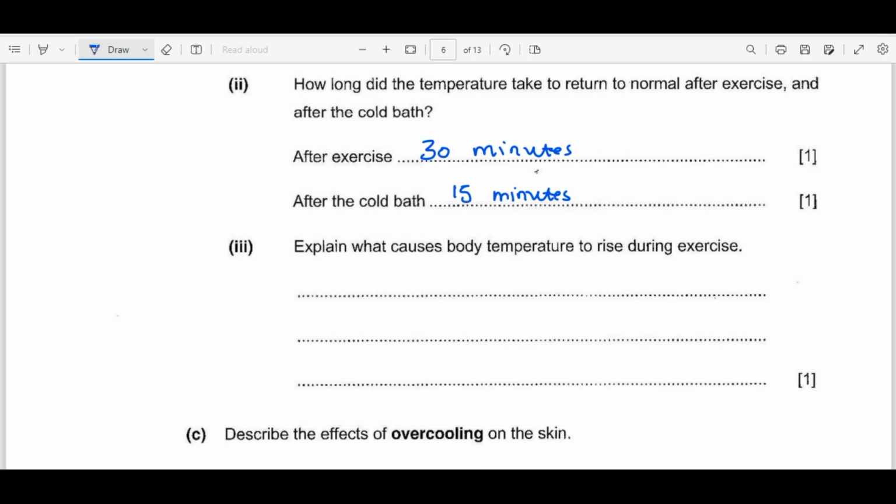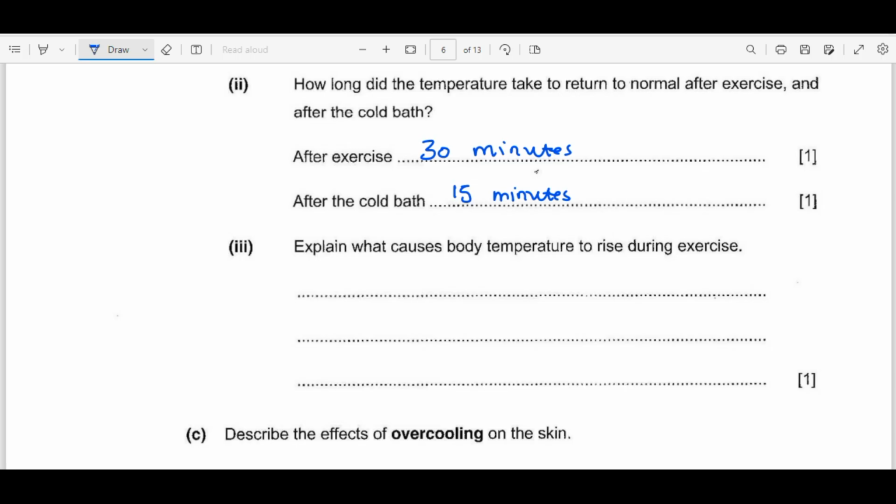The reason why whenever someone is exercising the body temperature increases is because of the process of respiration. The respiration process becomes fast so that energy is released in the muscles. Why do we need energy? So that there is enough ability for the work to be done. So this brings about overheating in the body, which makes the person feel warm.